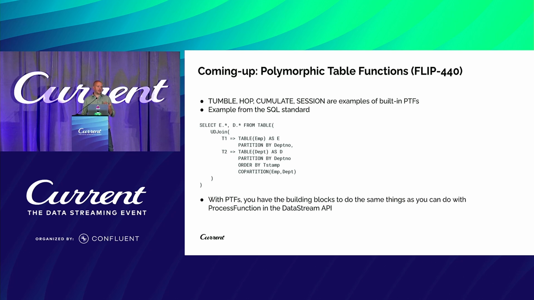The logic necessary for running a deduplication query in SQL is quite cumbersome, and it would be much cleaner to express that as a polymorphic table function. Given that a polymorphic table function will be comparable to the process function, this would basically give you the ability to build any event-driven application using Flink's table API.